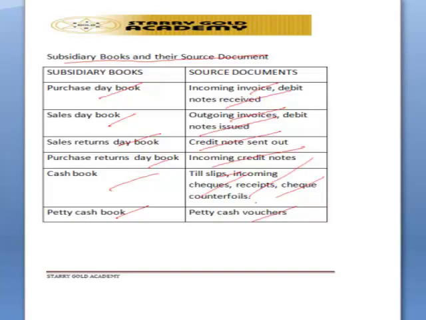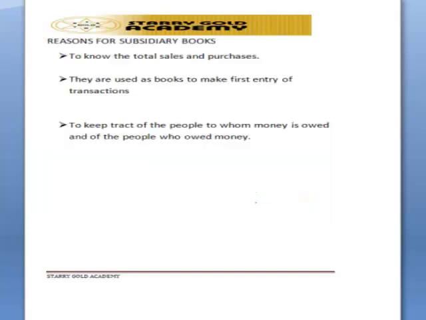Let's consider the reasons for subsidiary books of account. One of the reasons is to know the total sales or purchases. Another is that they are used as books to make first entry.